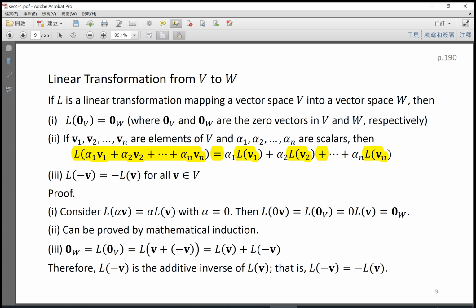That is, the linear combination is preserved under a linear transformation. Statement 2 can be proved by mathematical induction and is left as an exercise to you.